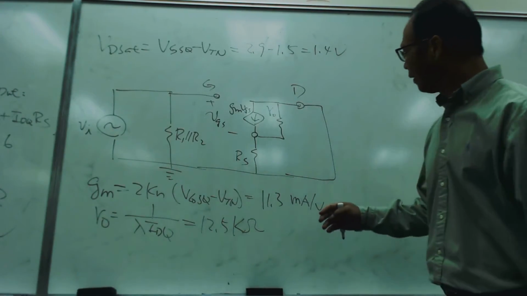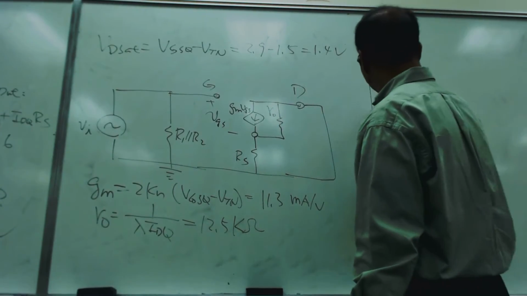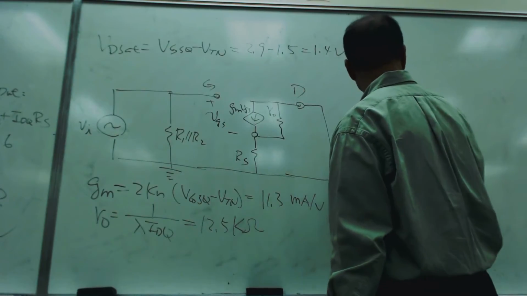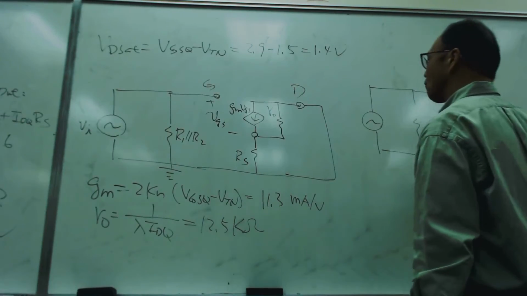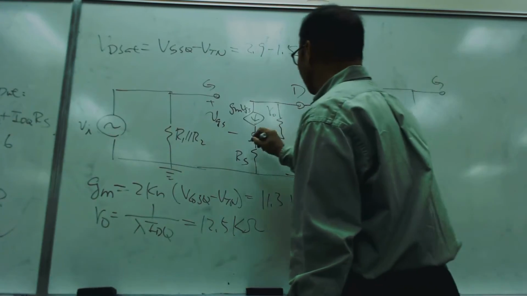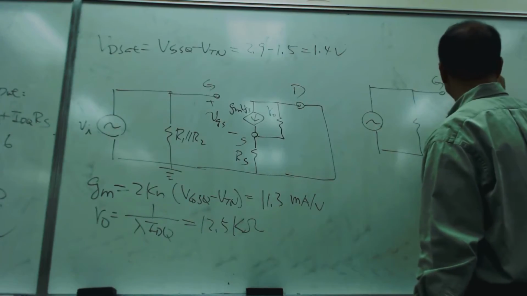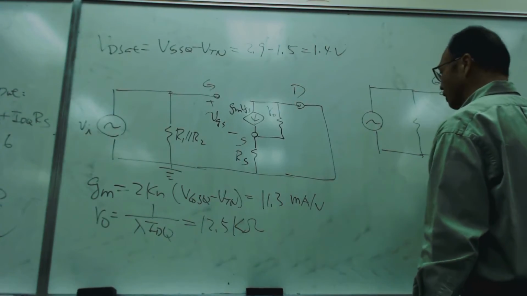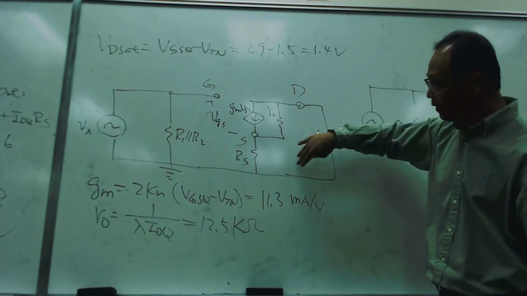Now, I think it's better to redraw this because it's kind of awkward, right? So let me redraw this. That will help you better. Okay, let me see. So this is the source, right? The source is going to R sub S and ground, right? And then the drain is grounded. So I can put the drain here, can I? And then basically I flip this downward.